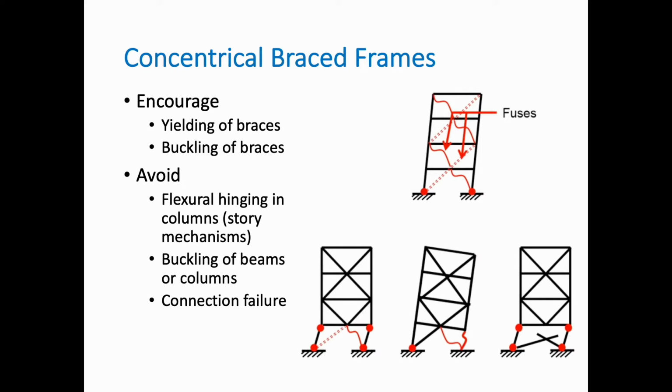What we want to avoid is the flexural hinging in columns that will create a story mechanism. We've explained that earlier. We also want to avoid the buckling of beams or columns, of course, as you can see in the second picture, and the connection failure, which will inevitably break the bracing system, and therefore the inelastic forces will be moved to the columns.